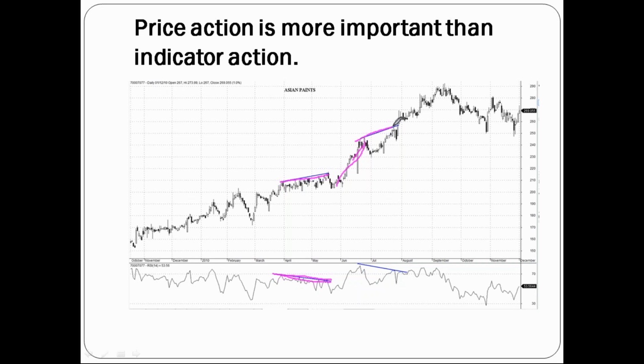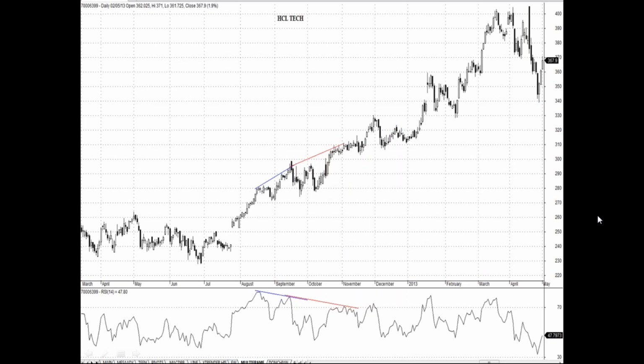Similarly, at this juncture also, the price makes a higher high and the indicator makes a lower high. There is a divergence, a bearish divergence. Again, the market is paying no heed to this divergence and moves higher. This is HCL Tech. Again, the same thing.